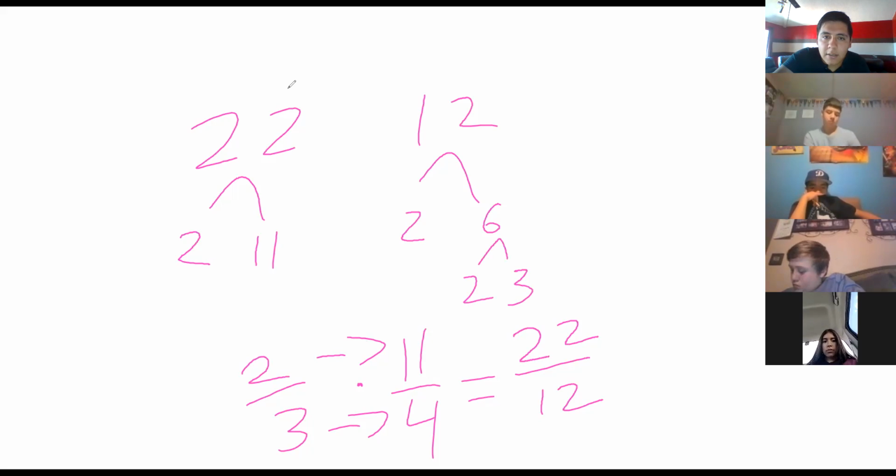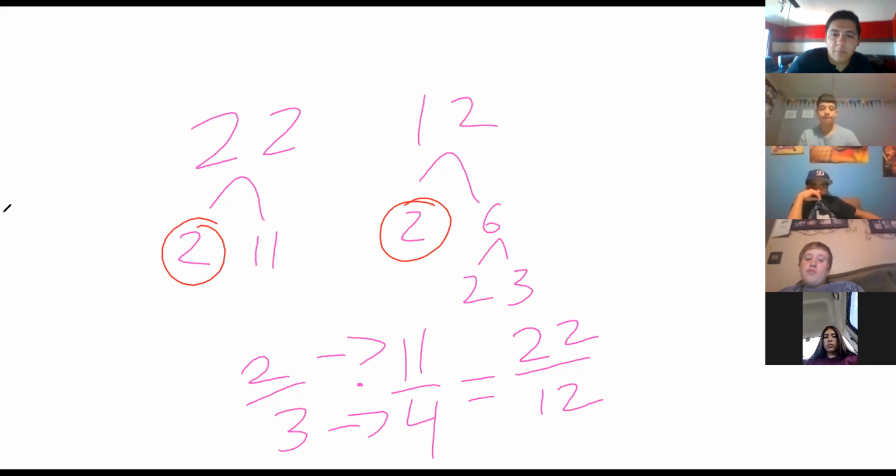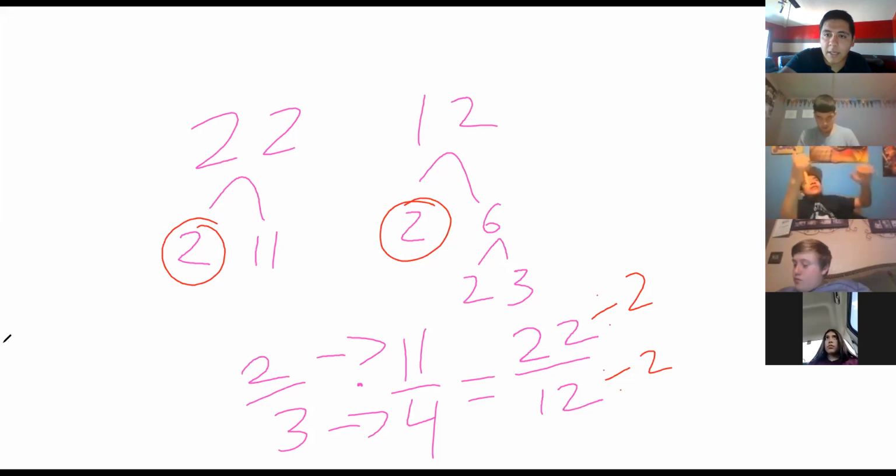All right. So again, 2 and 3, those are prime numbers, so we're done. Now what is the common factor between the two of those numbers? 2. Those are our 2 matching numbers. So that means that we should divide both of these numbers by 2 to reduce the fraction. So what's 22 divided by 2? 11. 12 divided by 2 is 6.